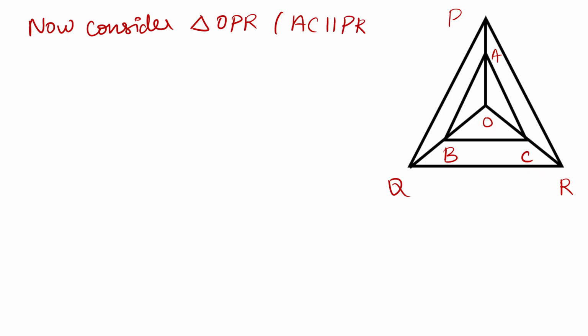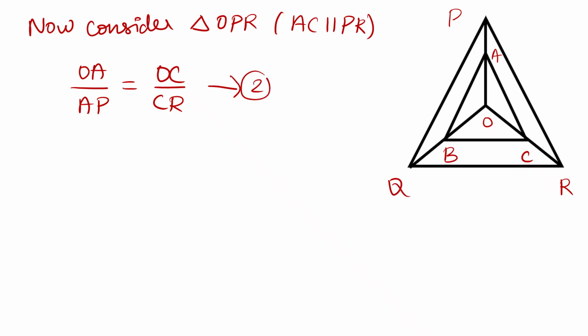Now when we apply the basic proportionality theorem, here again we are going to get OA by AP is equal to OC by CR. Okay, this is by basic proportionality theorem. Mark this as equation 2 and the earlier one as equation 1.